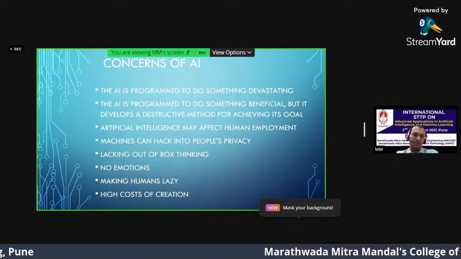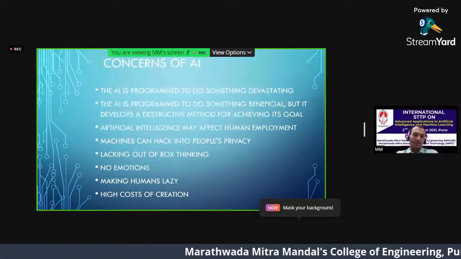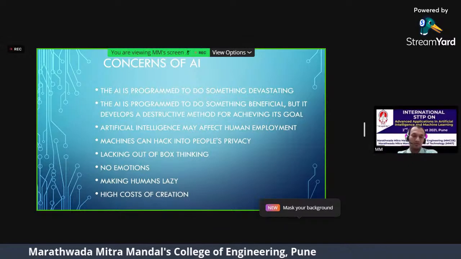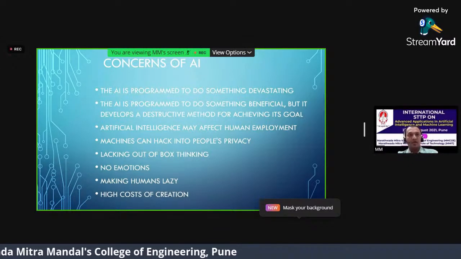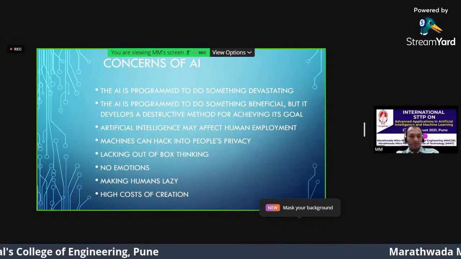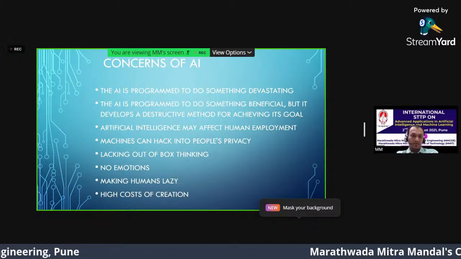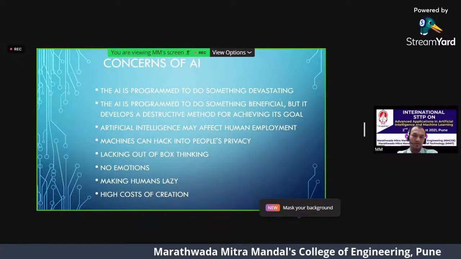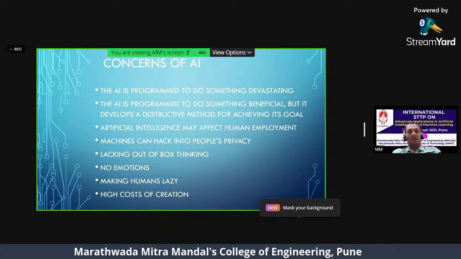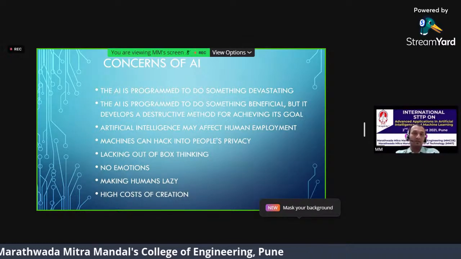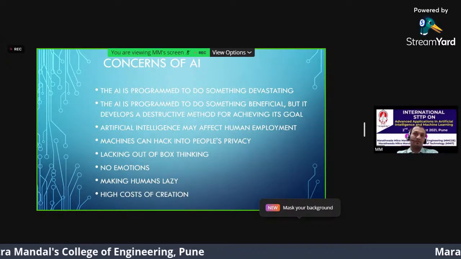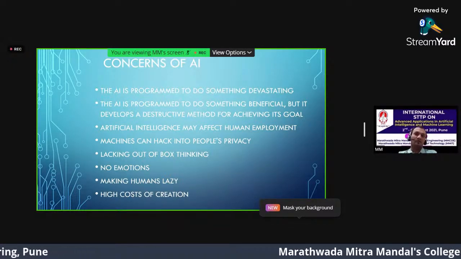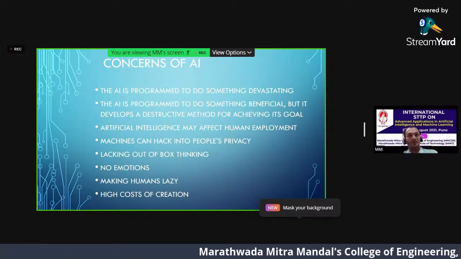Like if you have seen the movie I, Robot, where they have shown this kind of scenario, it was designed to help do some tasks, but later on a few robots went destructive and the programming was altered and changed, and then it became a threat for all those people. So that is how, if it develops a destructive method, it might go in the wrong direction.